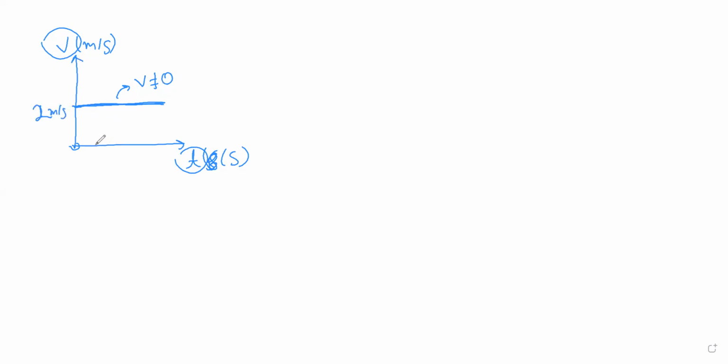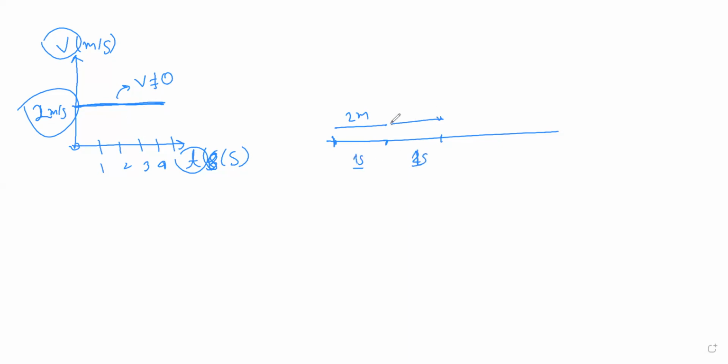2 meters per second, at 1, 2, 3, 4 seconds. If we draw a straight line like this, what does that represent? It represents that the car or object is moving at 2 meters per second. So in the first second it went 2 meters, and in the next second another 2 meters.